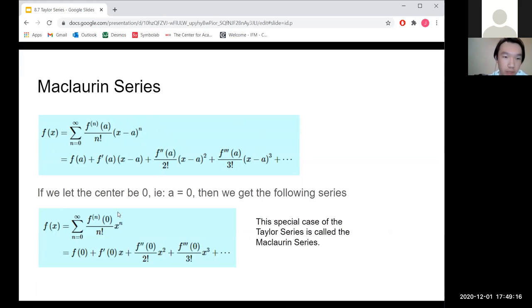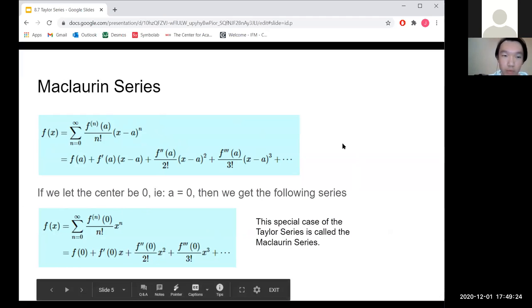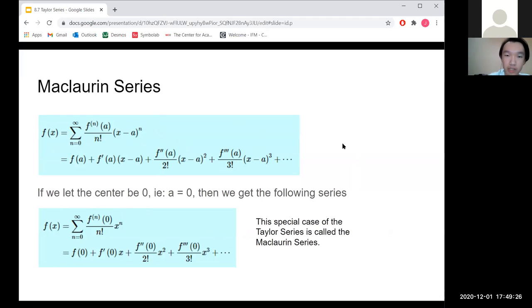Notice I just plugged in 0 for A, which gives you this. And when you do that, the Taylor series has a special name. It's called a Maclaurin series. All these names are named after mathematicians. But a Maclaurin series is basically a Taylor series with the center equal to 0.